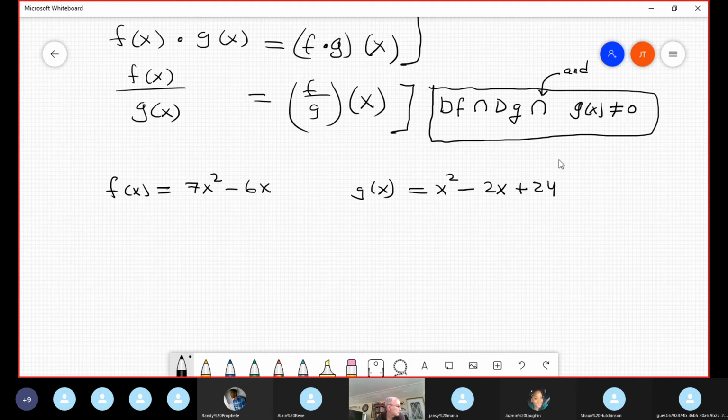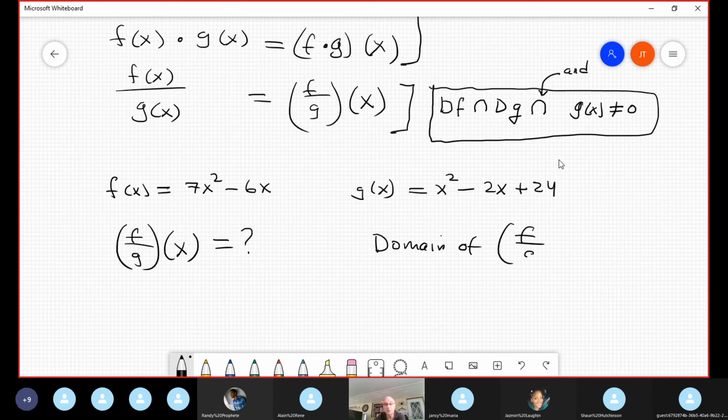And they want to find the expression f divided by g and state the domain of the new function, the combination. Okay, you have two questions. Let's do it one by one.